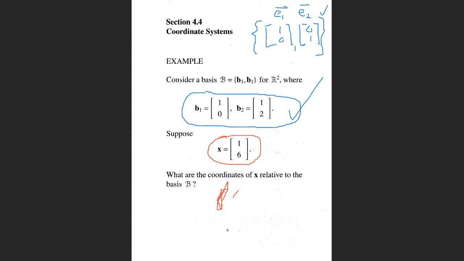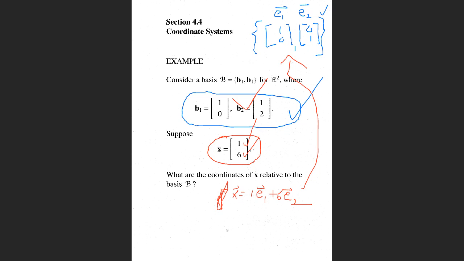So the vector x, 1, 6, equals 1 times e1 plus 6 times e2, where e1, e2 is the standard basis. So the coordinates of the vector x relative to the standard basis that you're used to are 1 and 6. But we want to find the coordinates of the vector x relative to this basis b1 and b2.